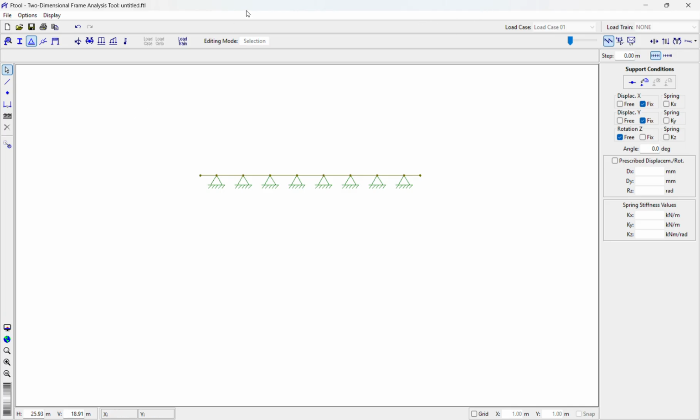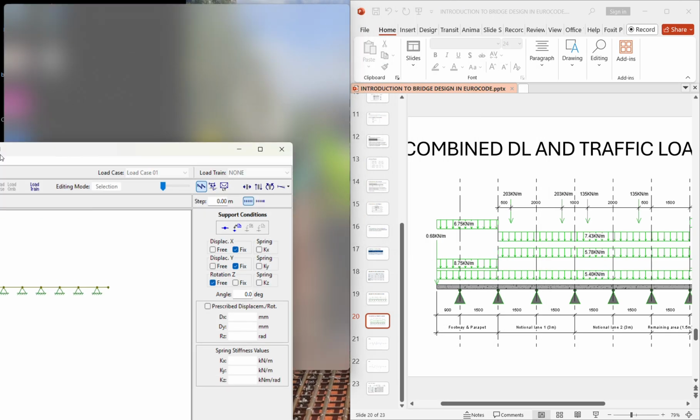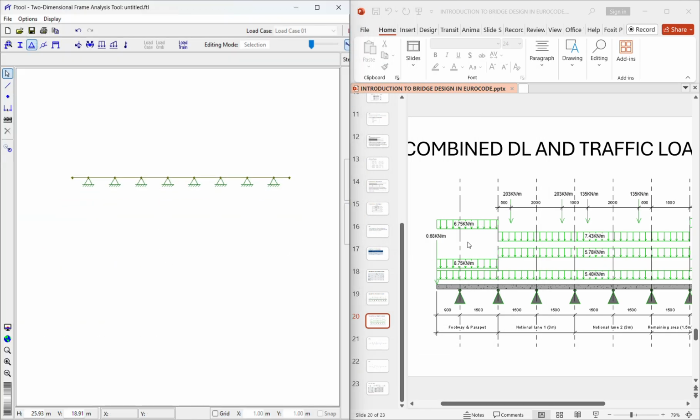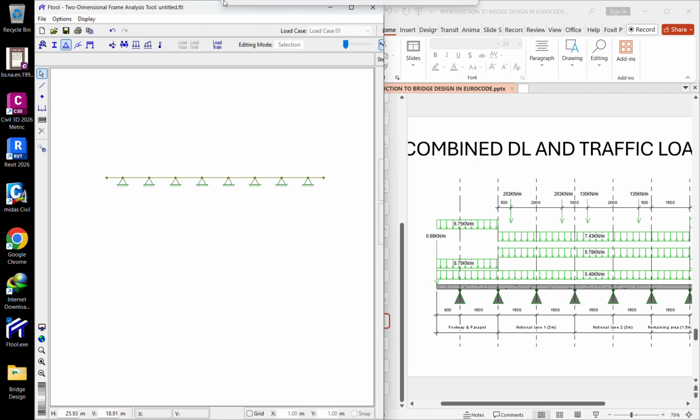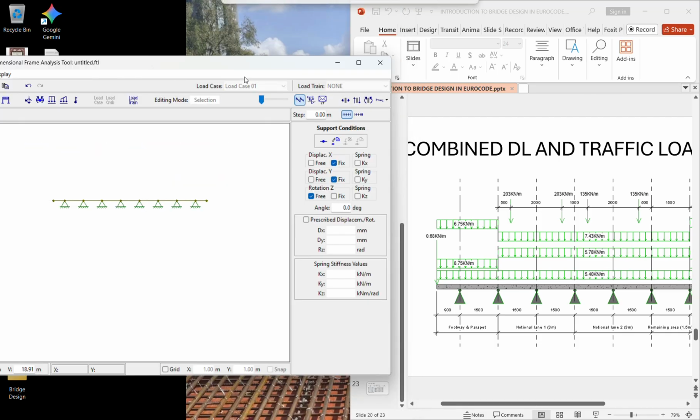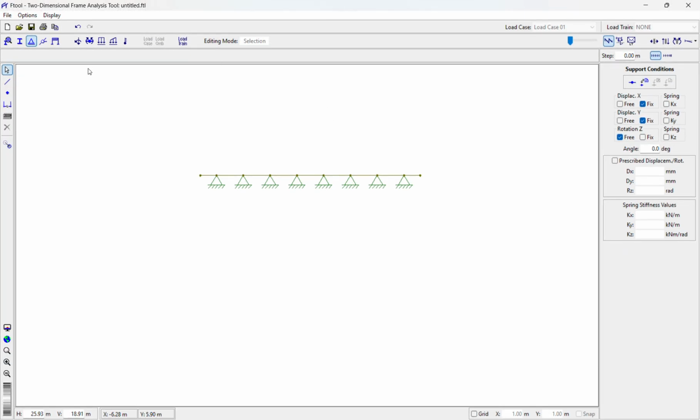Now the next thing is to apply our loading. So the first loading shall be 0.68 for the parapet loading. So you come to the point loading.